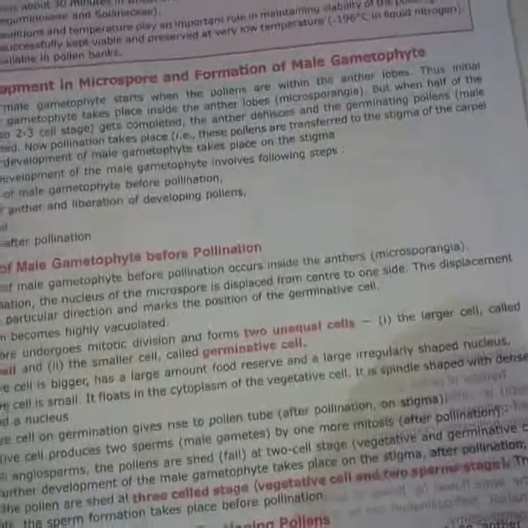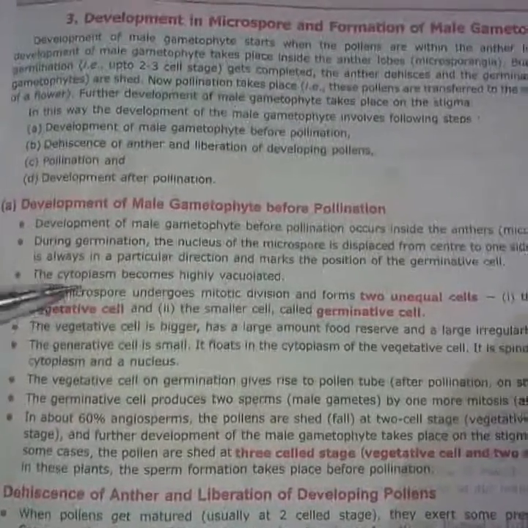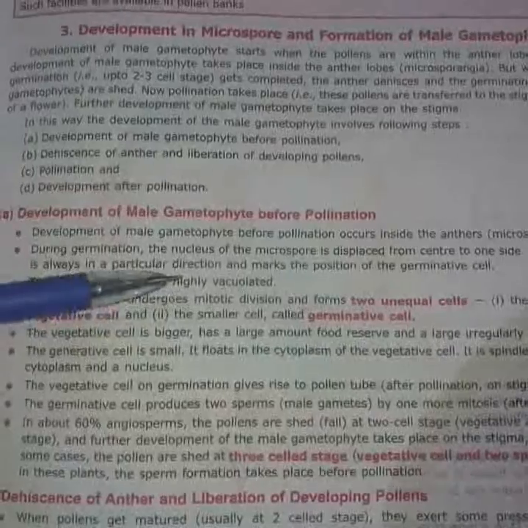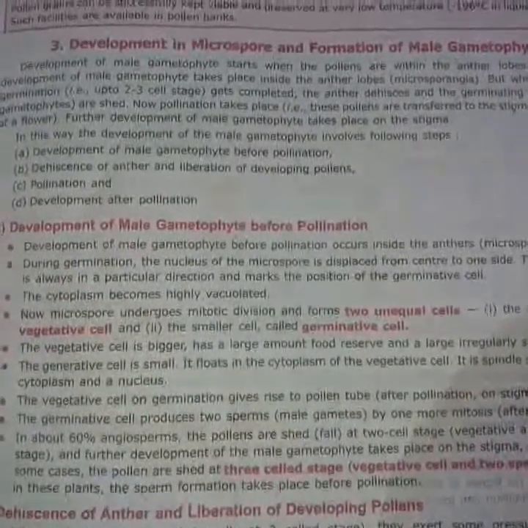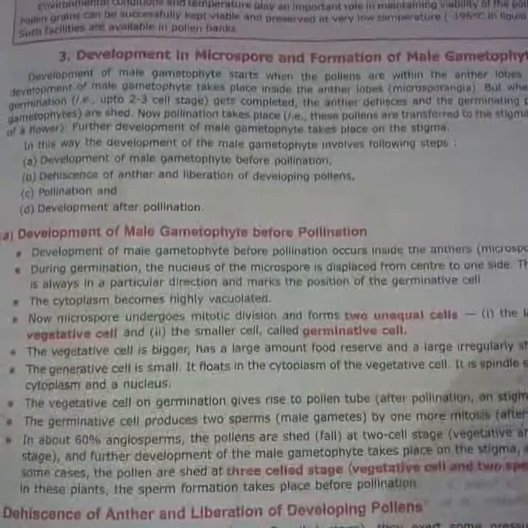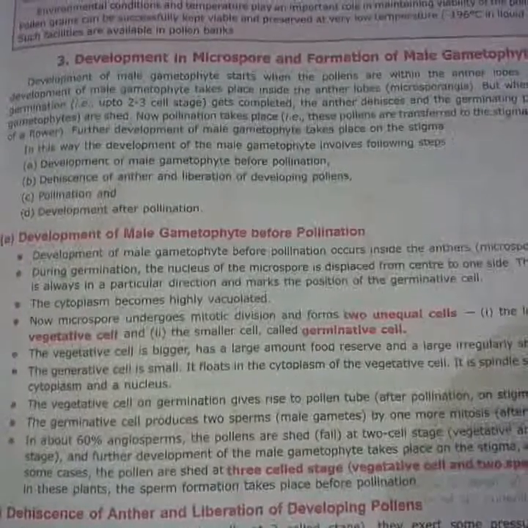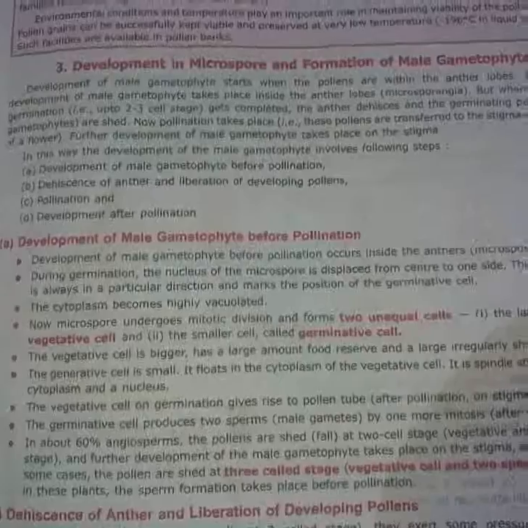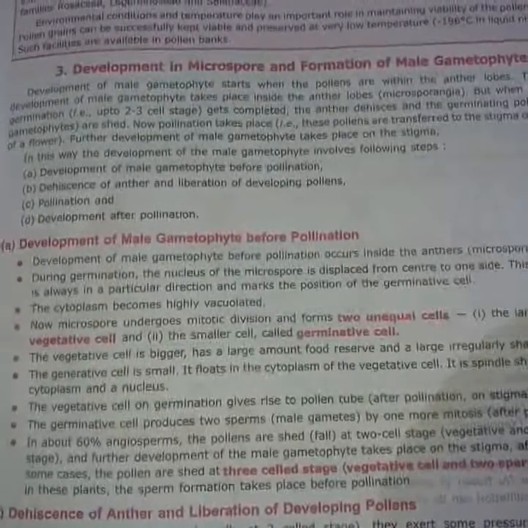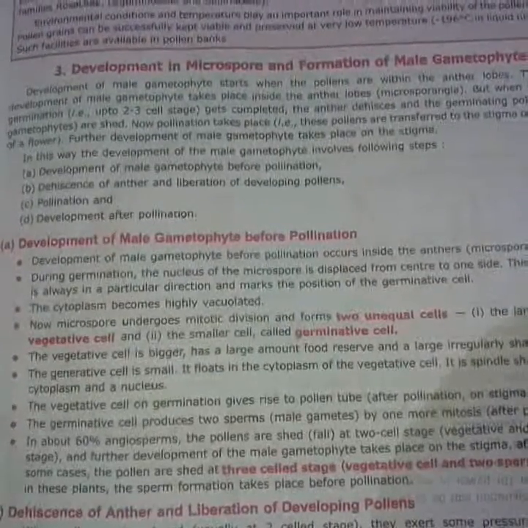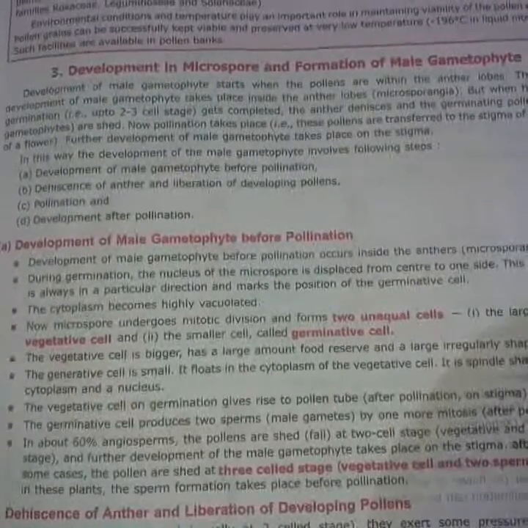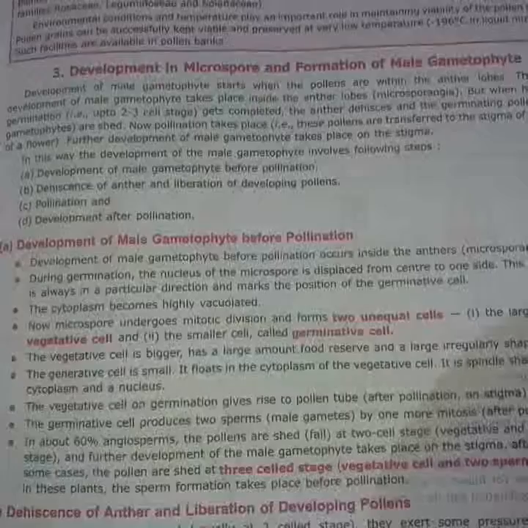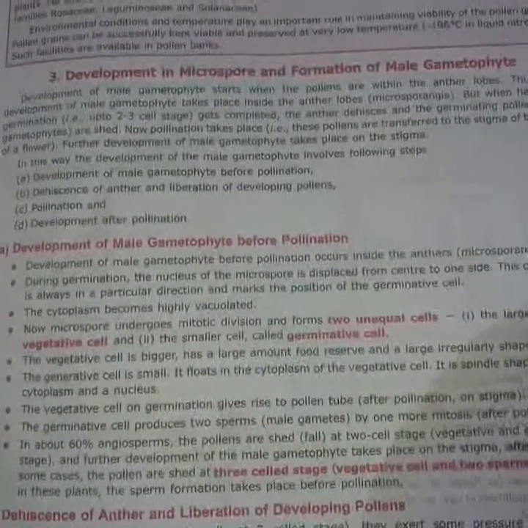This displacement is always in a particular direction and marks the position of the germinative cell or germinative pores. In the last condition, microspores develop to a three-celled stage, one vegetative cell and two sperm cells.